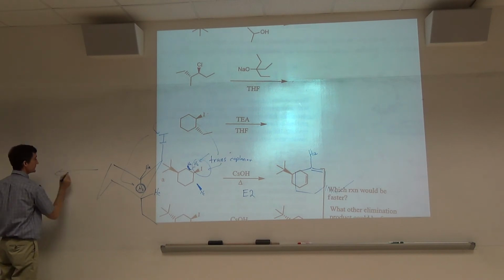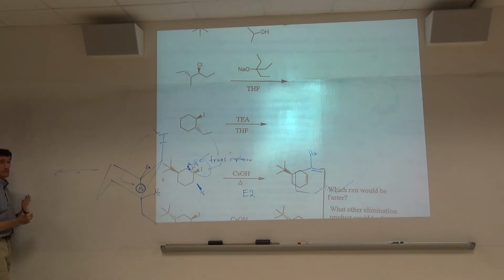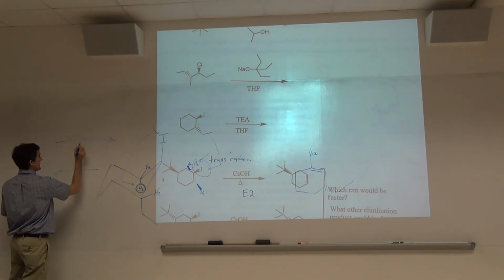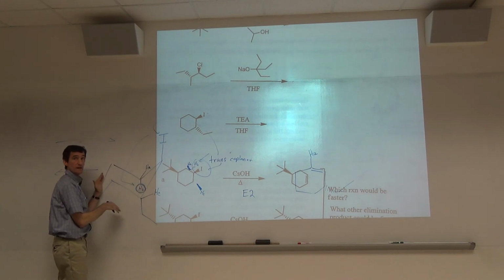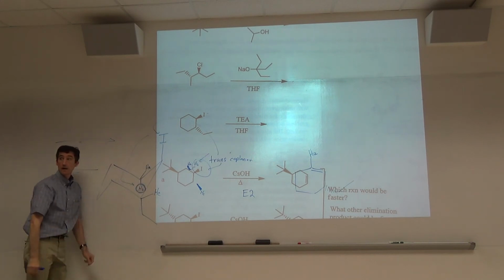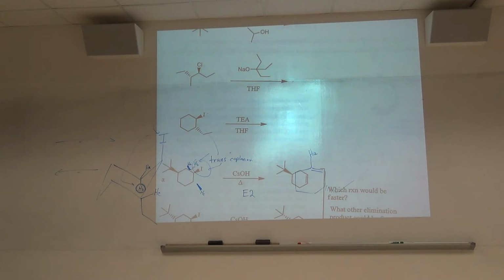Basically this, if your equilibrium is like that, and this over here being better, it's not going to eliminate fast. But if your equilibrium is like this, and it's always in this conformation, it's going to eliminate faster. That's what the bottom gets to. So think about that.